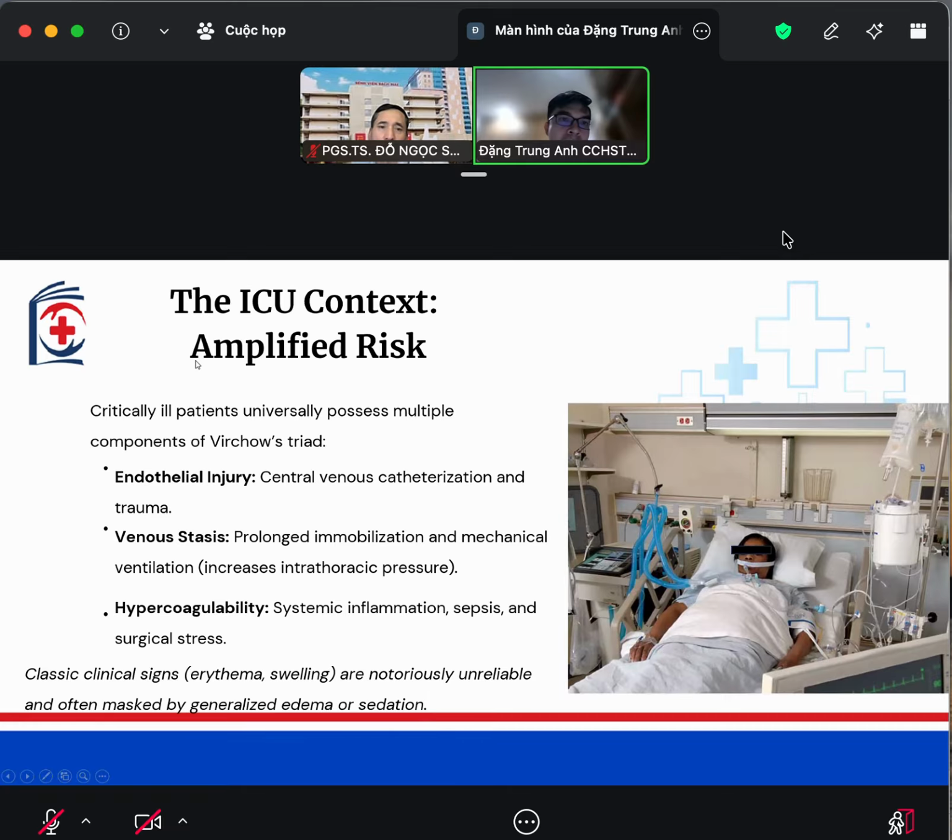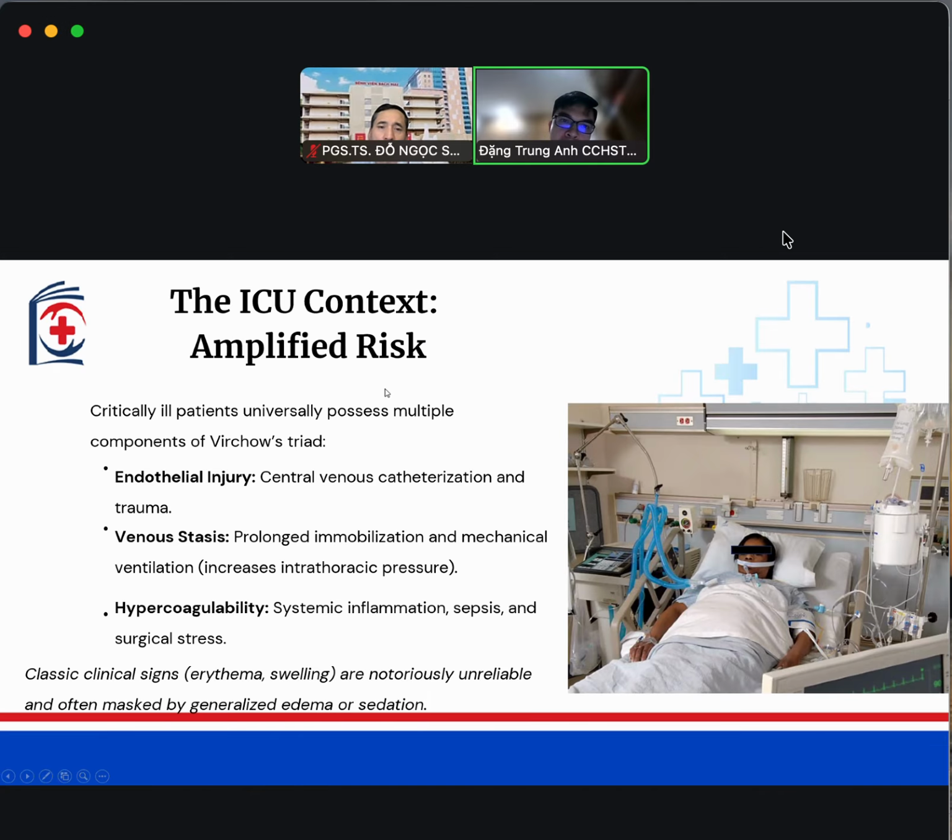You know that in the ICU context, the risk for patients to have thrombus, DVT, is much higher than other patients, because ICU patients possess multiple components of the Virchow triad.